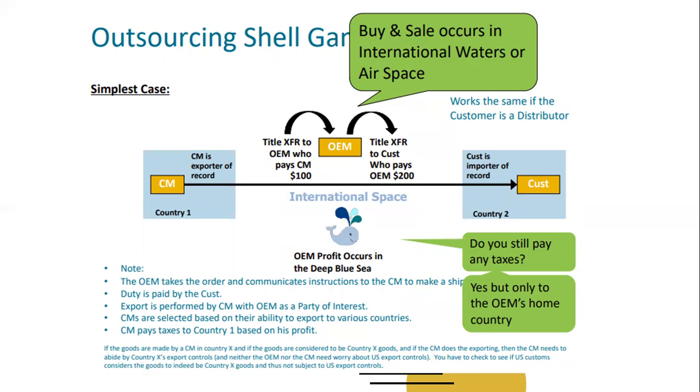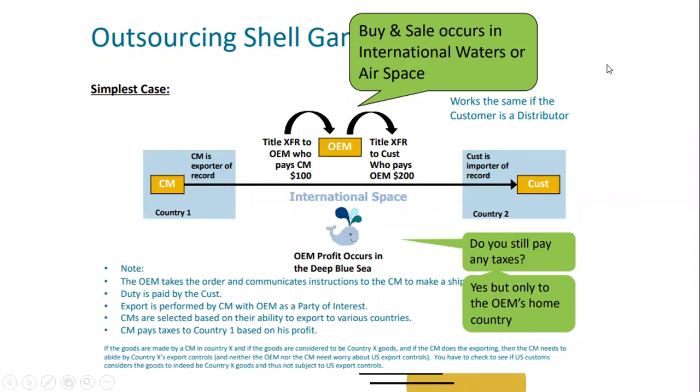Now, if the transaction does not happen in a particular country, then you only have to make payments to the manufacturer's home country. So this is basically done.